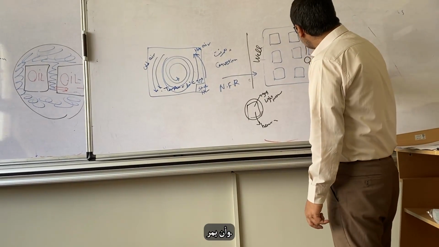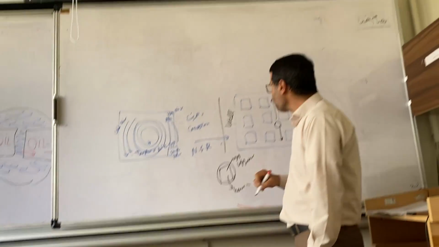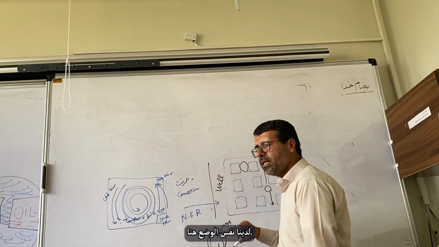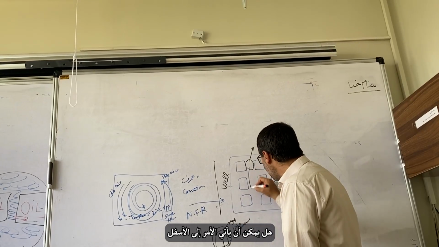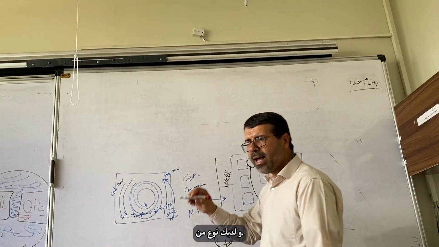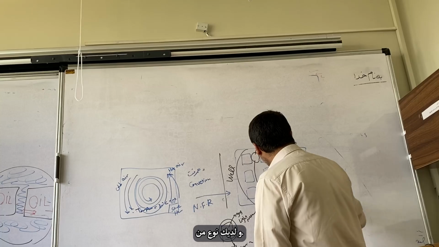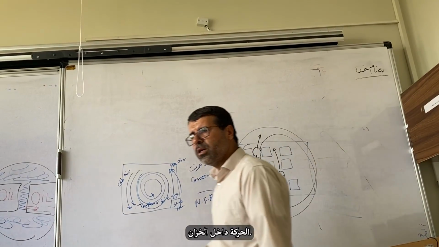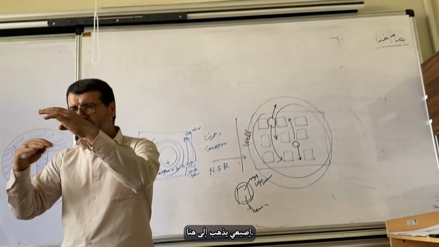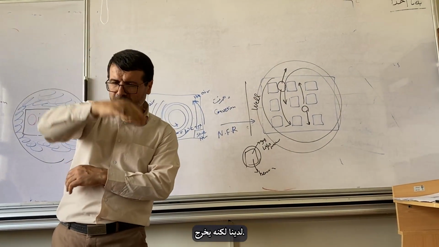The lighter parts go up. We have the same situation here: the lighter parts go to the gas cap, the heavier parts come down. We have some kind of movement inside the reservoir. Always lighter material goes up, heavier parts come down.